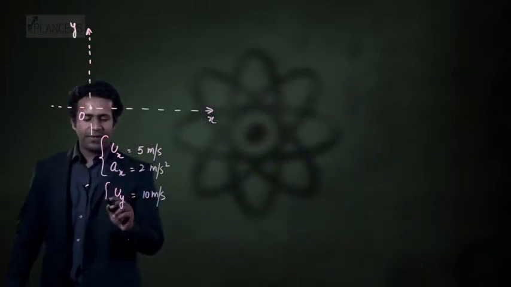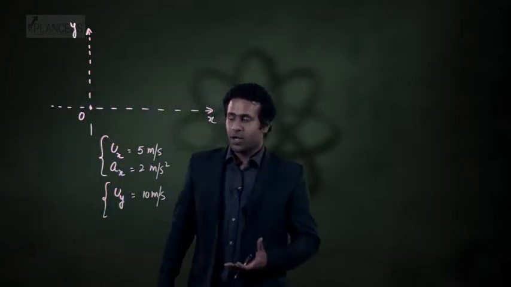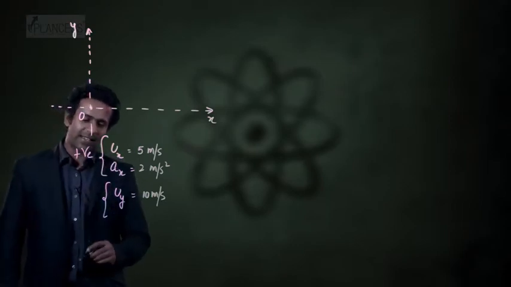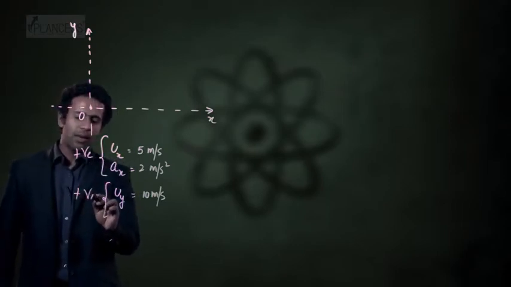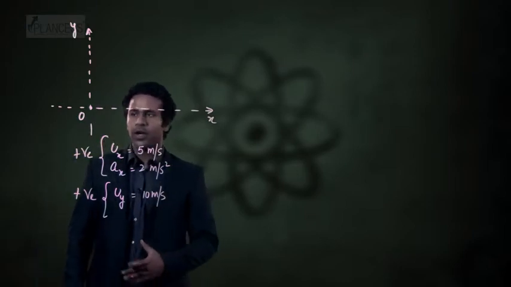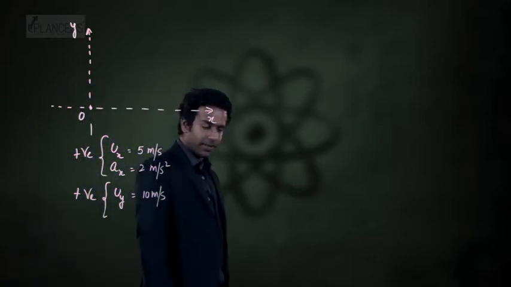Additionally, it is given, see these are vectors, right? So they need to have direction. So it is given to you that this motion is along positive x-axis and this is also along positive y-axis. Because along x, there are two directions to move. You can go rightwards or leftwards. Right.